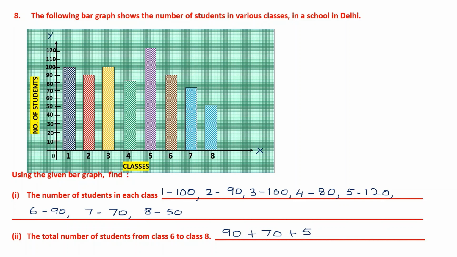So let's add up these three numbers. 90 plus 70 plus 50. 9 plus 7 is 16 plus 5 is 21. 210. So the number of students from classes 6 to 8 is 210.